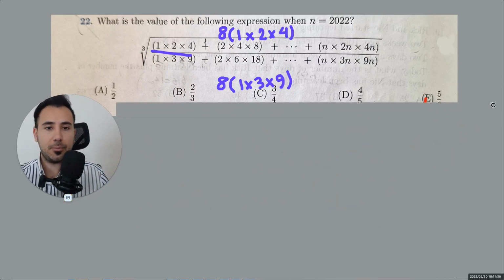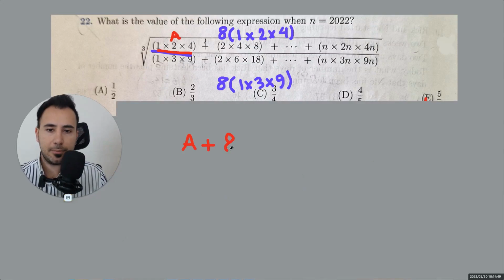Just to make sure, let me write another one. If this one is 1, just call it A. It will be A plus 8A plus the next one, 3 multiplied by 3 multiplied by 3, it's going to be 27A, and so on.